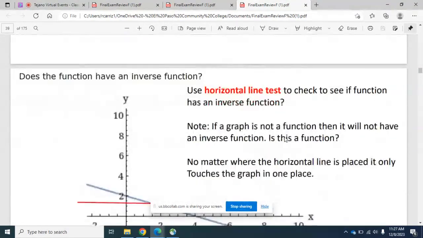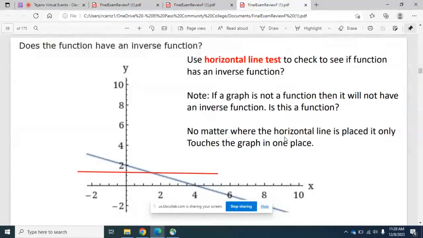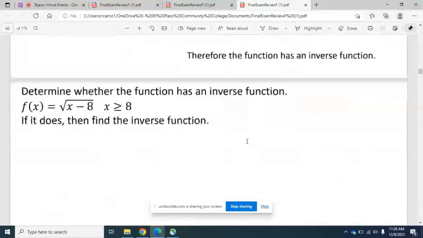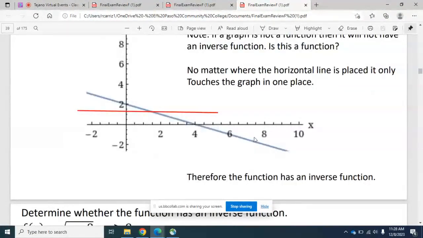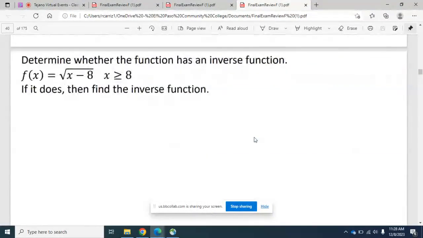Okay. So again, this is what I just said. A horizontal line test is to check to see if it has a function. So to find if the function has an inverse, we would do a vertical line test. All right. So let's look at this example. Determine whether the function has an inverse.